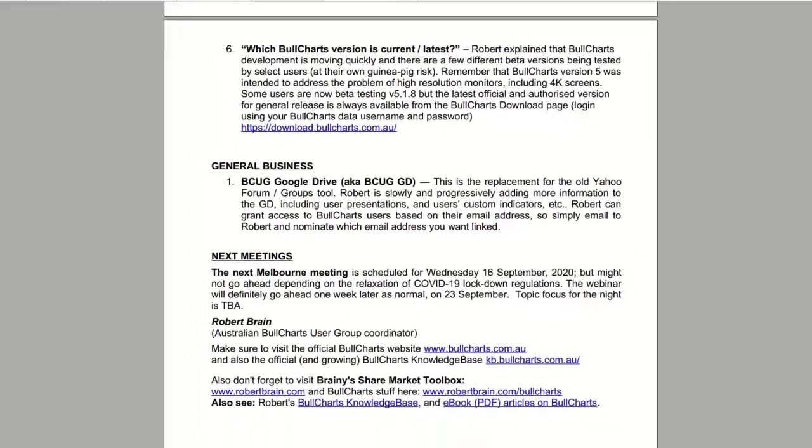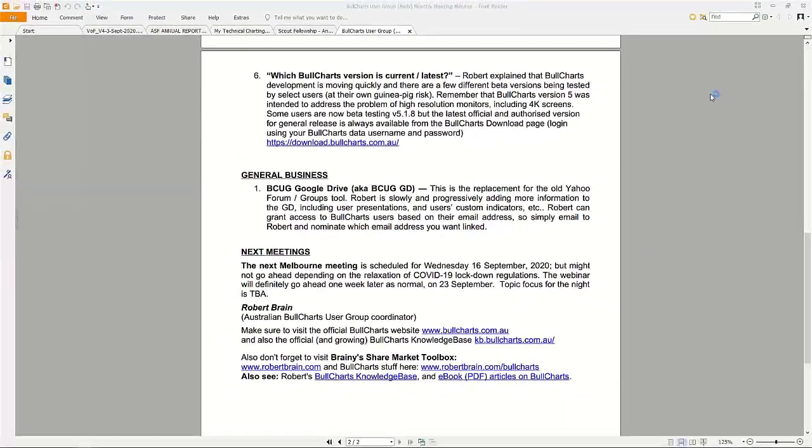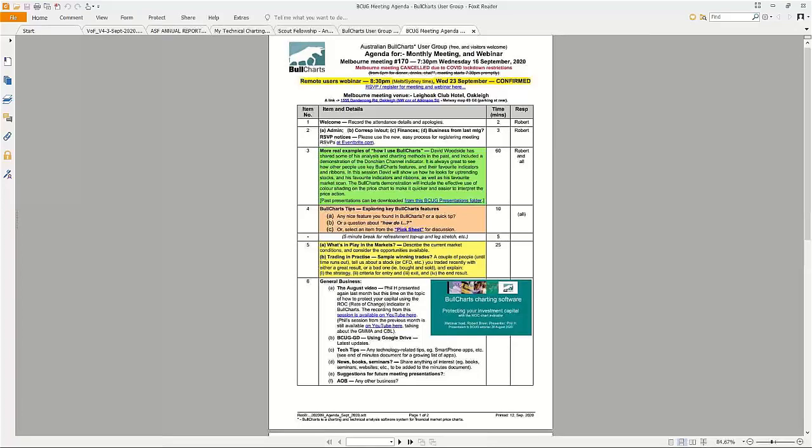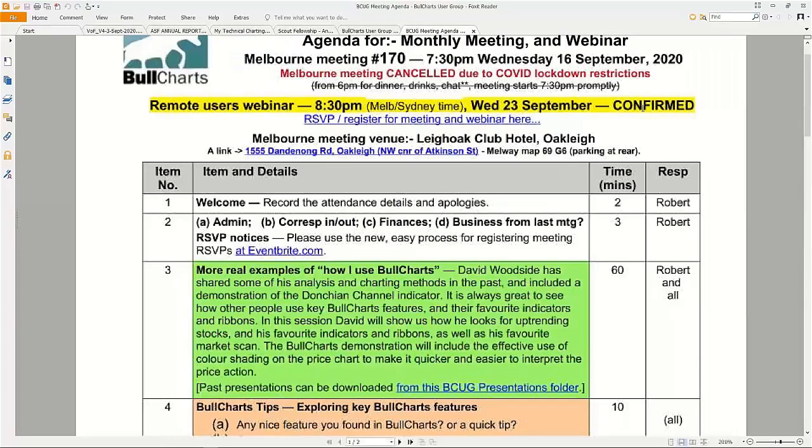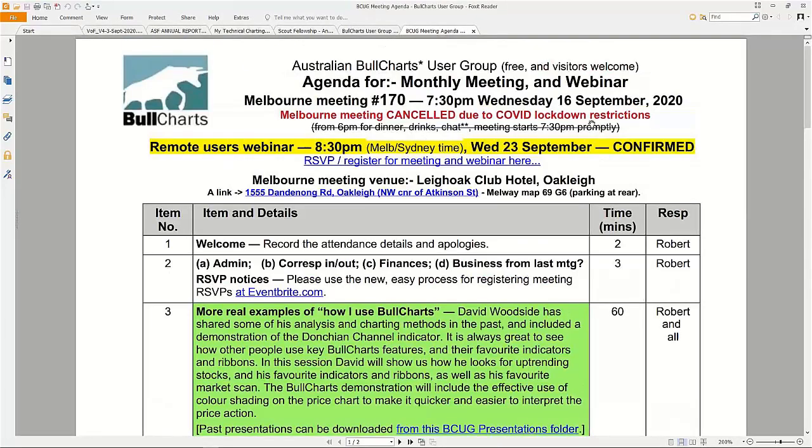Let's have a quick look at the agenda for tonight. Here it is. Sadly, we didn't have a Melbourne meeting last week as we would have hoped to have done. We had been meeting every month without a break since 2006. So theoretically, we would have now been up to meeting number 170.